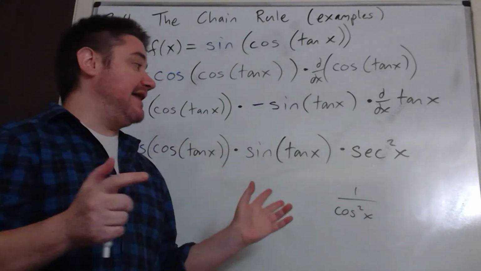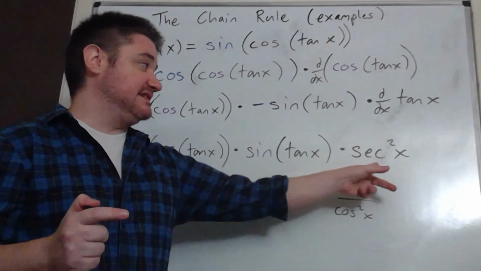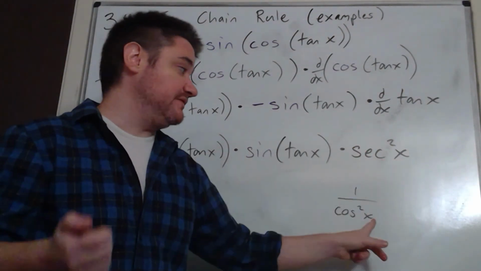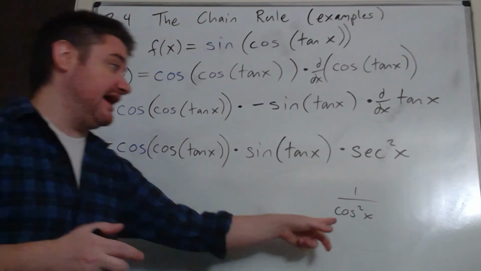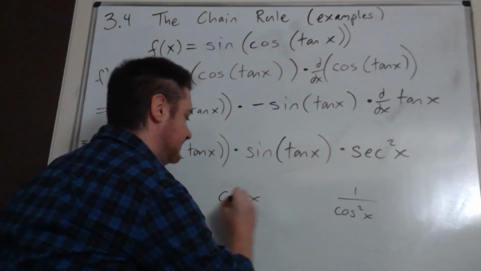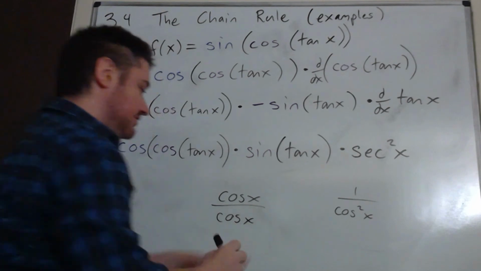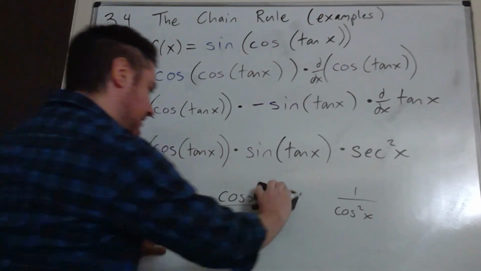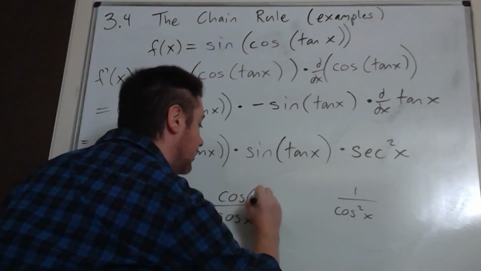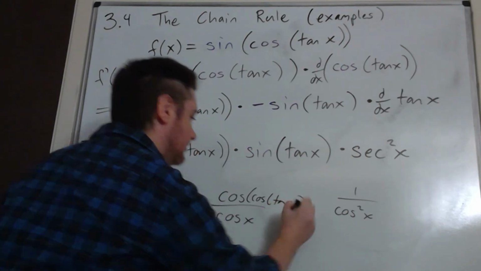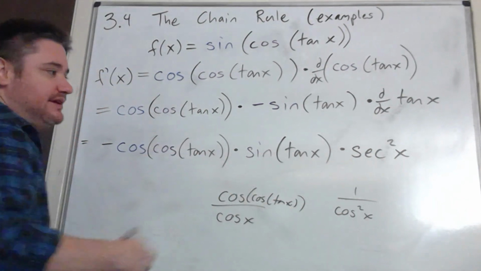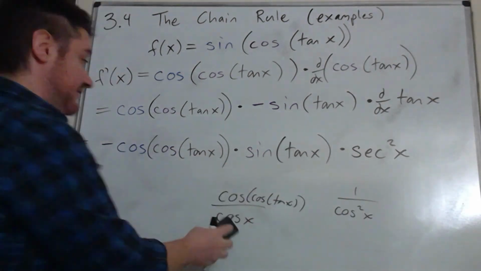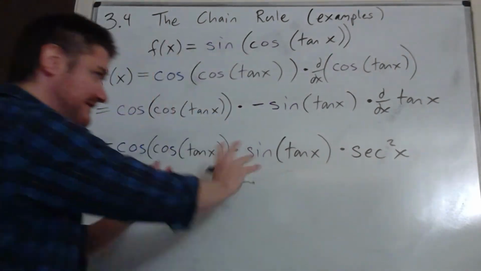The reason is that this secant and this cosine are functions of just x, while this cosine is not a function of x. If you have cosine of x over cosine of x, you can cancel those because they are the same thing. But cosine of tangent of x is a different function than cosine of x. Those inputs are different, so there's no cancellation. So no reason to do any kind of simplification. Leave it like that.